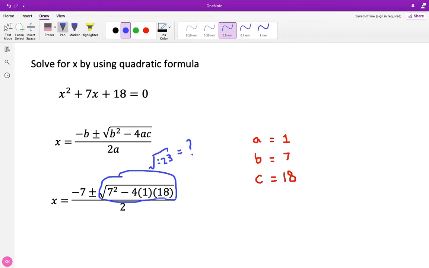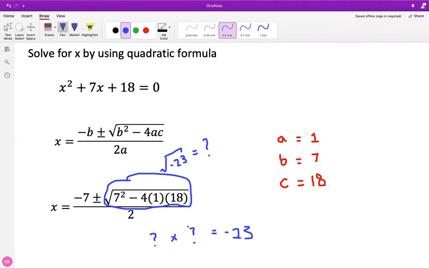So the question was the square root of -23. I want to answer this question. Basically, I can rewrite this expression as question mark times question mark equals -23, and I want to figure out the question mark here. Notice that the question marks are the same value. So we have the same value times itself, and we could get -23. So could this value exist?